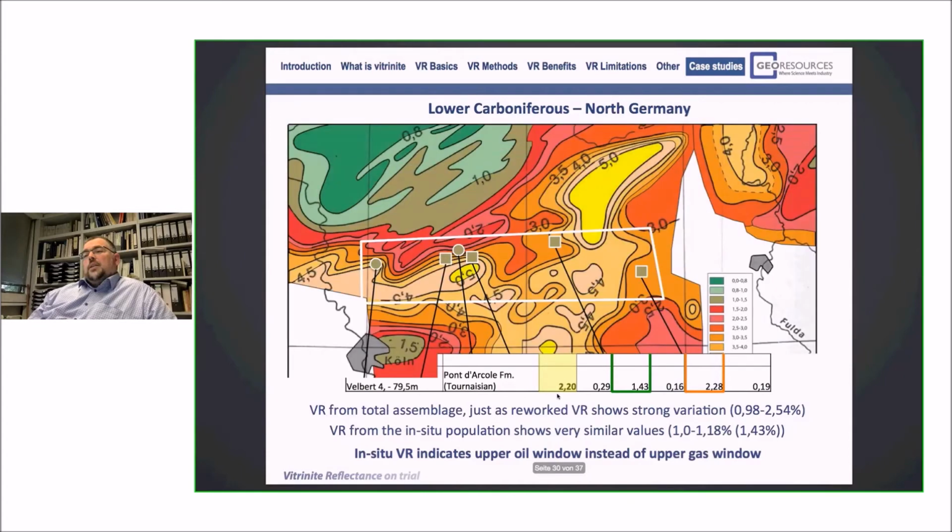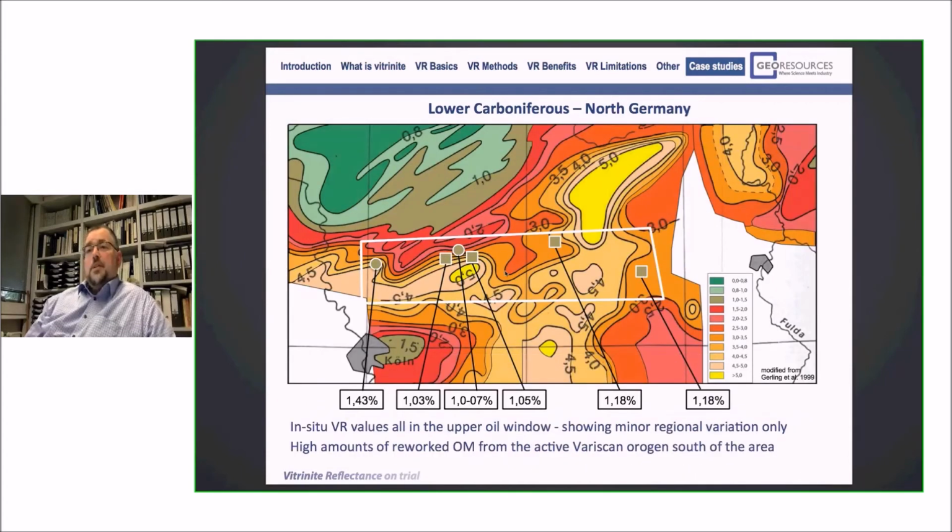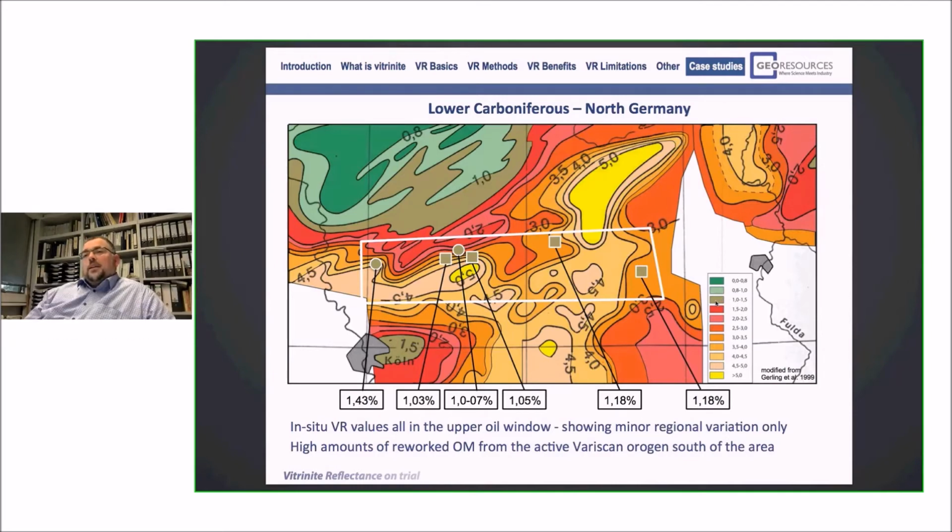So if we plot this into this map, here we are in this high mature area in the southern North German basin, but all the vitrinite reflectance falls in this interval between 1 and 1.5%. So the upper oil window to wet gas, and not in the upper gas to over mature, as it is shown here in this map.